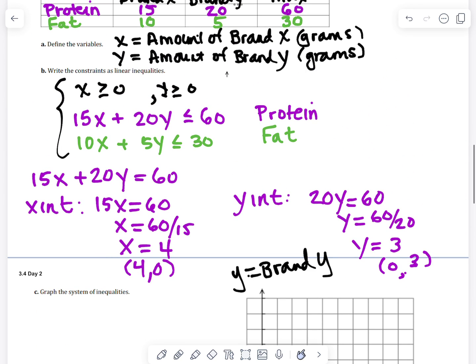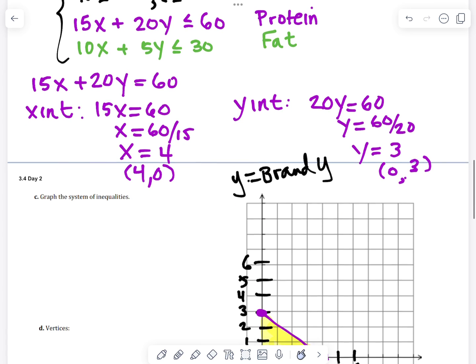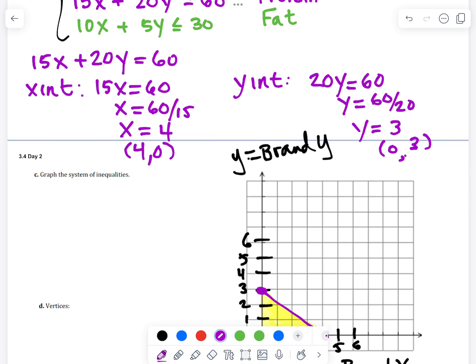Now we want to find the x and y intercepts for our fat line. So 10x plus 5y equals 30. Start with the x-intercept. Let y equal 0. Solve for x.